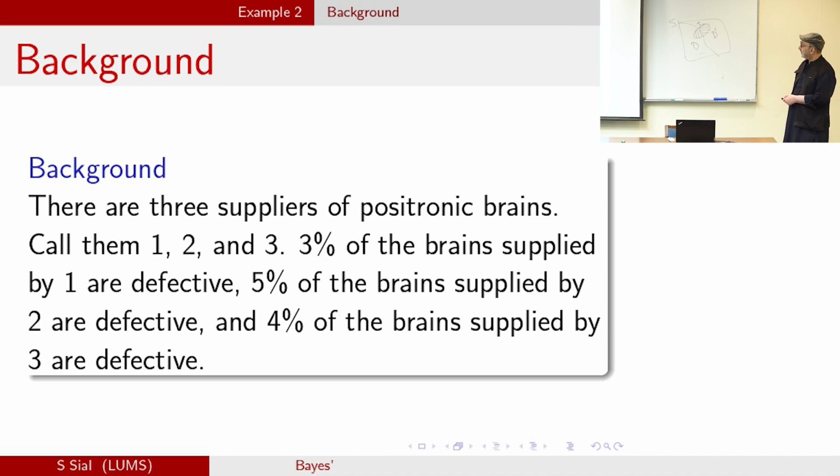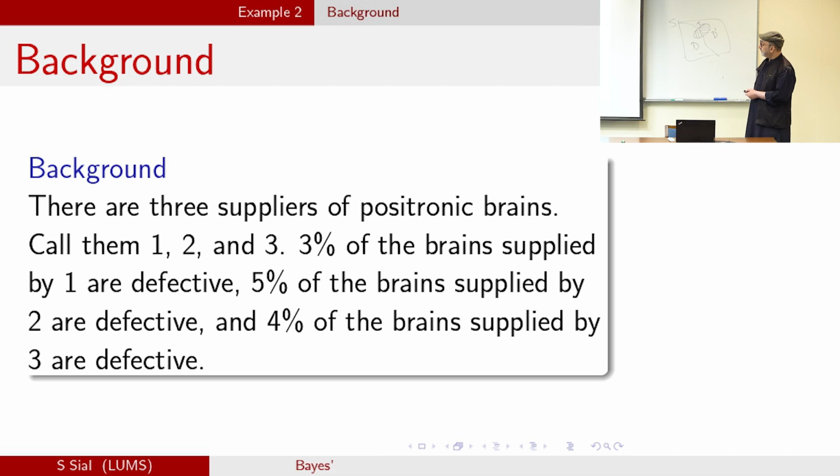Okay? So, in terms of conditional probabilities, what have I been given there? Can someone tell me one thing that I've been given in terms of conditional probability? Yeah. The probability that the brain is defective given that it's supplied by... Yeah. Okay. Right.